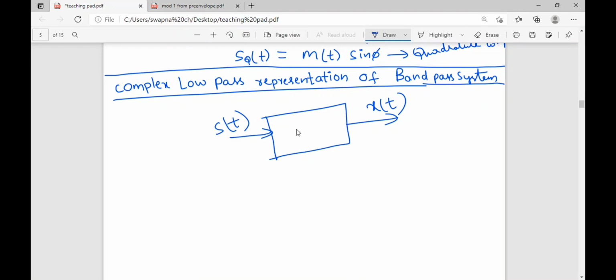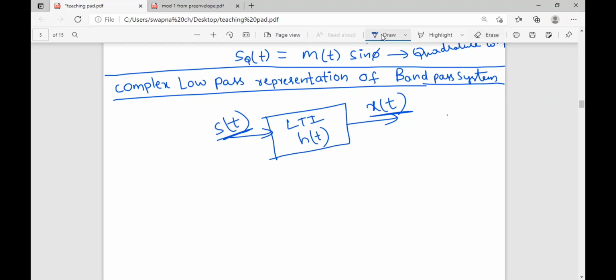How will you represent the system with one function? You have some standard function here. If it is an LTI system, we generally represent the system with its impulse response h of t. To the LTI system, s of t is the input signal and x of t is the output signal, so s of t is passed through h of t to give x of t.